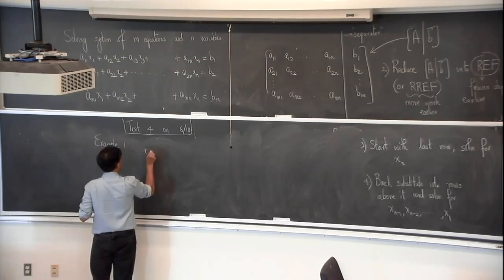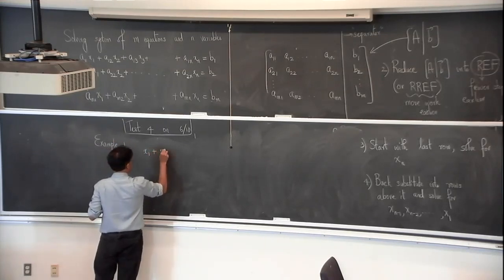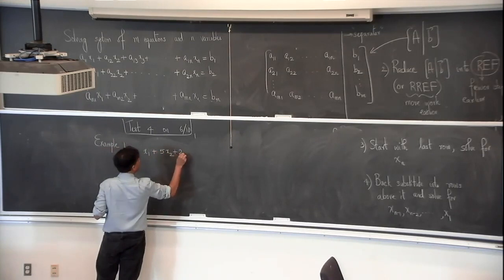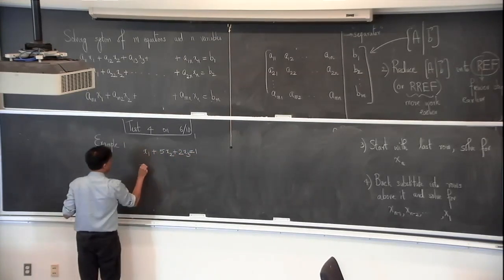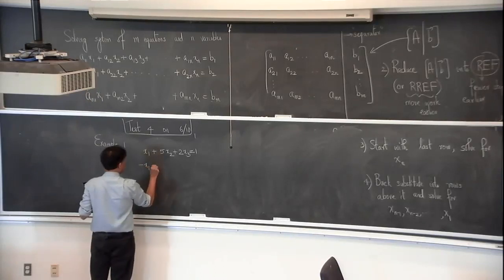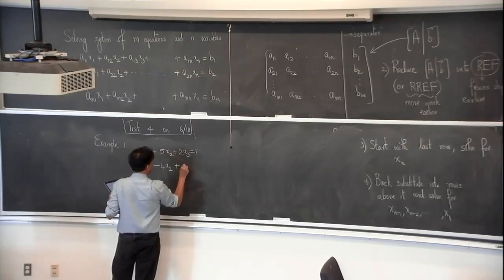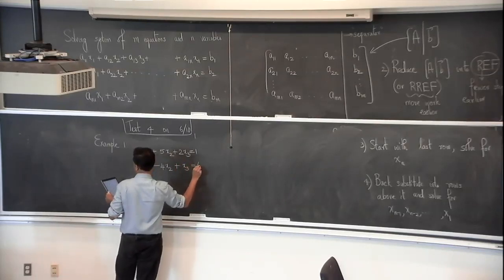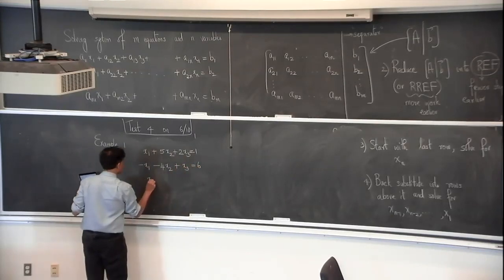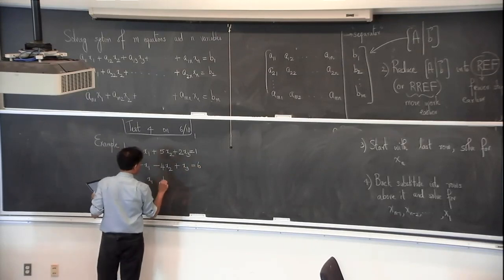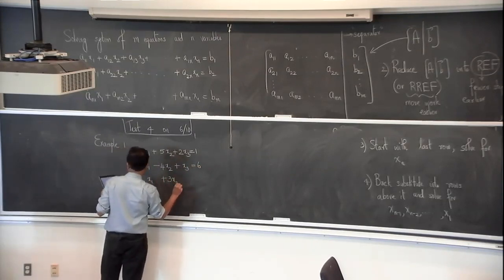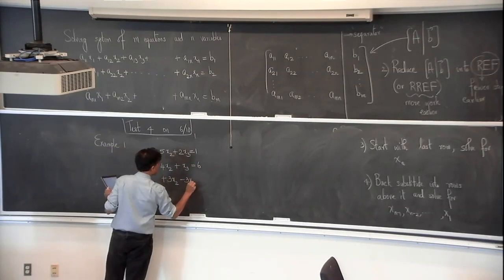x1 plus 5x2 plus 2x3 equal to 1, negative x1 minus 4x2 plus x3 equal to 6, and x1 plus 3x2 minus 3x3 equal to negative 9.